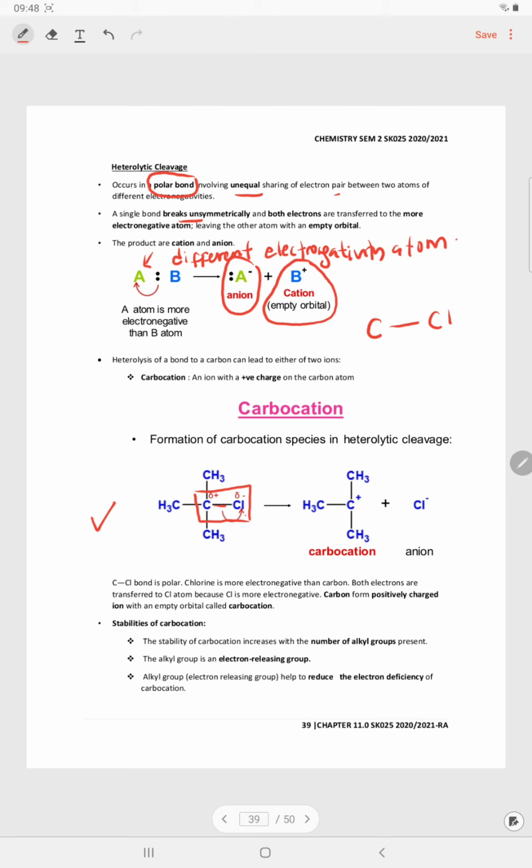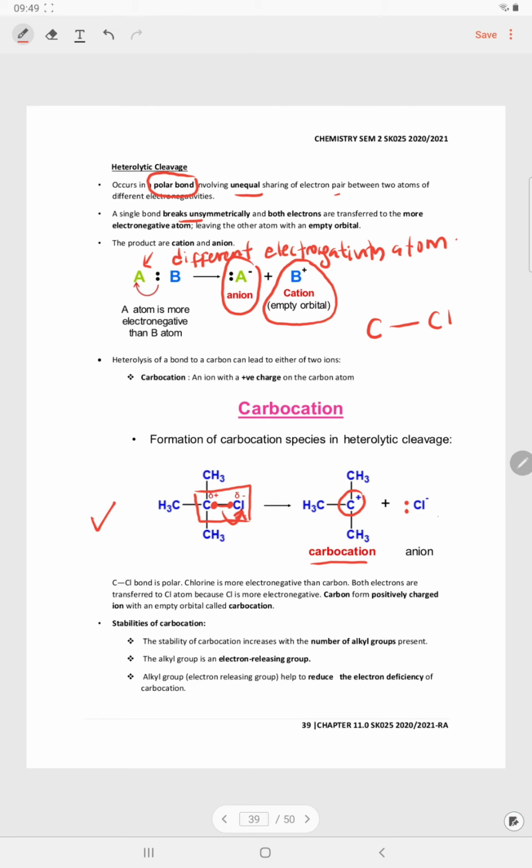So this covalent bond's two electrons will be given directly to the chlorine atom, so we must use the full-headed arrow. Finally, chlorine has two electrons, a pair of electrons, and the carbon does not have enough electrons. So this carbon we call a carbocation, because carbon is positively charged and chlorine becomes negatively charged.